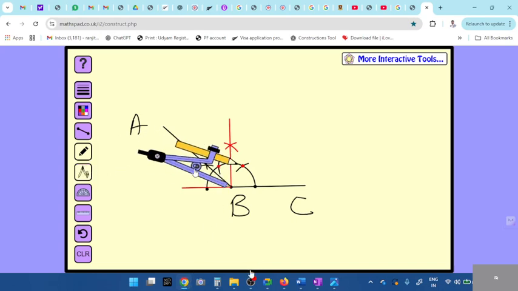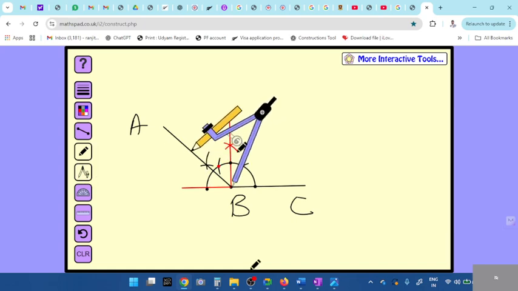Take more than half. For perpendicular bisector, it should be more than half.